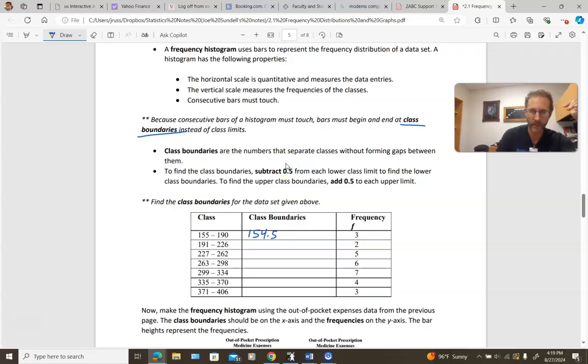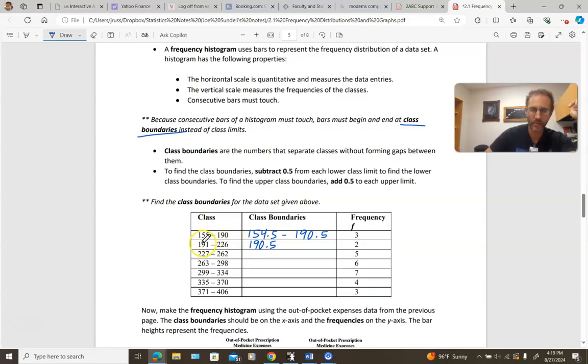154.5. Okay? And then the upper boundary, not the upper limit anymore, the upper boundary is going to be a half step above this upper limit. So it's going to end up being 190.5. And this 190.5, that's actually where the next lower bound starts. Okay?